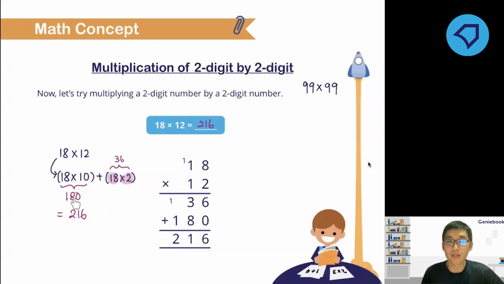Can you see that? 180. Once I've gotten these two answers, what I'm left with is to add them together. So I'll have 36 plus 180. Therefore, the answer is 216.